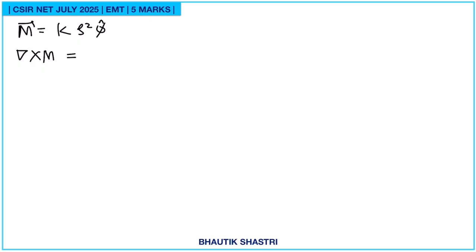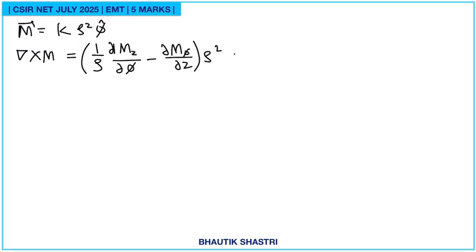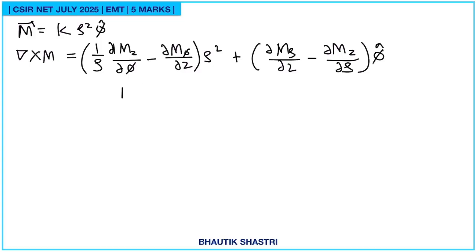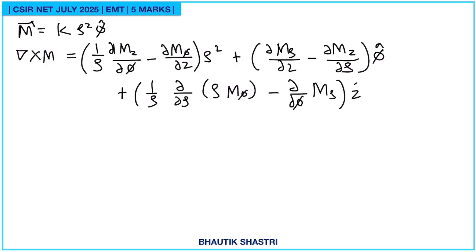So del cross m is equal to 1 by rho. The curl of m will first consider dou mz by dou phi minus dou m phi by dou z in rho cap, plus dou m rho by dou z minus dou mz by dou rho in phi cap, plus 1 by rho dou by dou rho of rho m phi minus dou by dou phi of m rho in z cap.